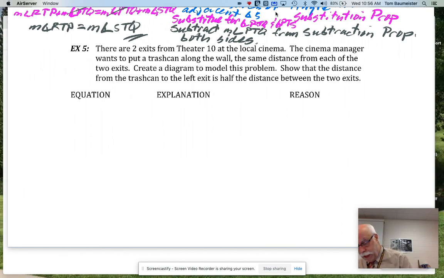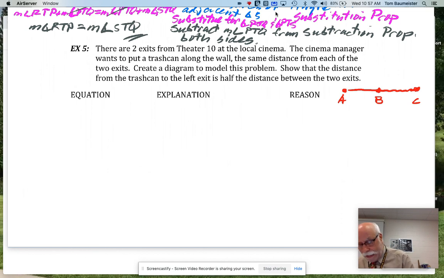So what it is saying here is, let's just go ahead and draw a picture. So I have an exit here and I have an exit here. We're going to call this one A and we're going to call this one C because halfway between them, I'm going to put the trash can, which is B. Now remember, it says that I want it to be the same distance.